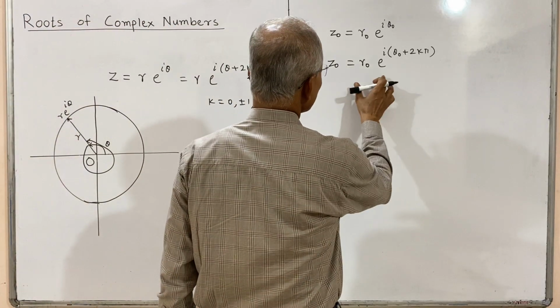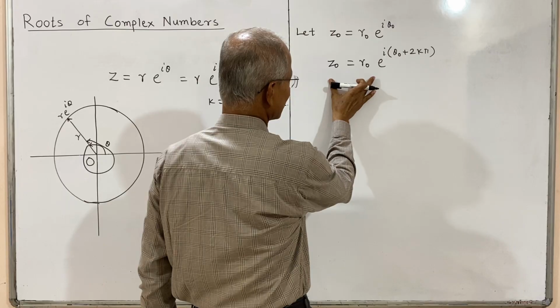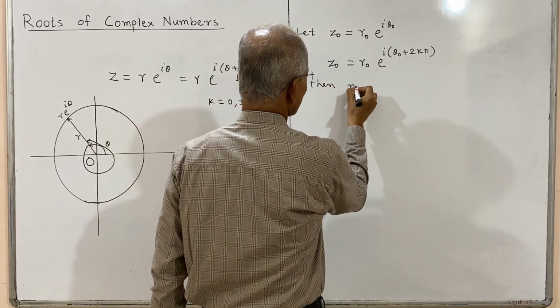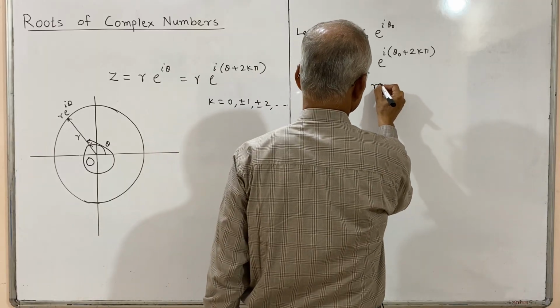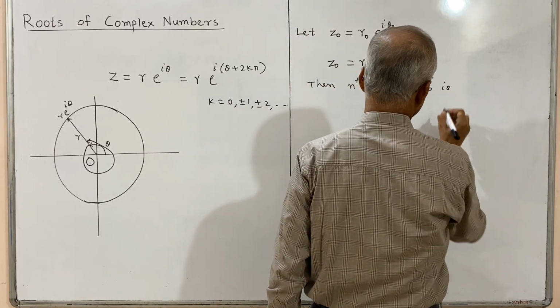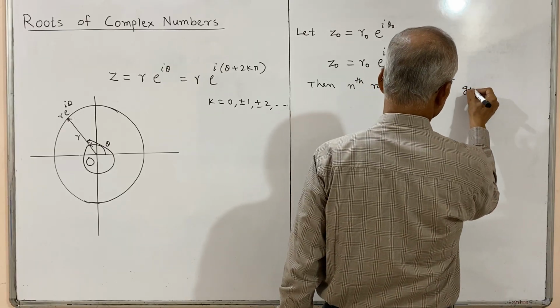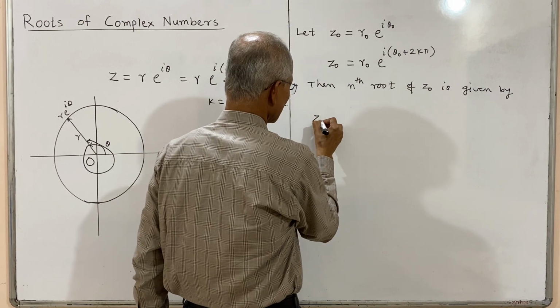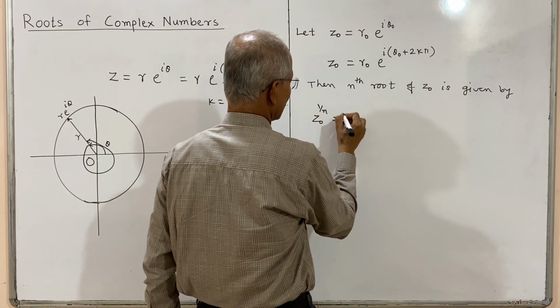So now we want to find the nth root of z naught. The nth root of z naught is given by z naught power 1 by n.